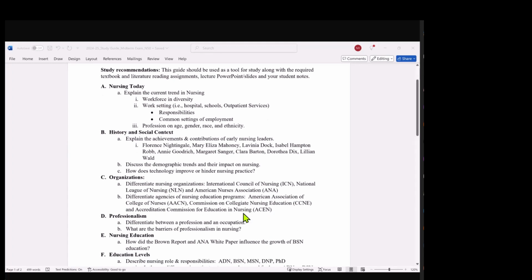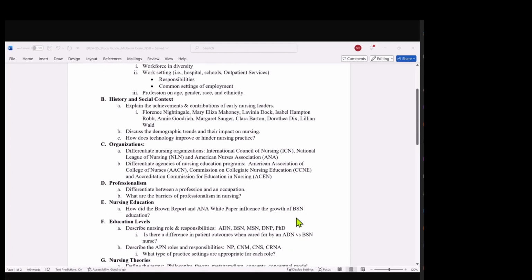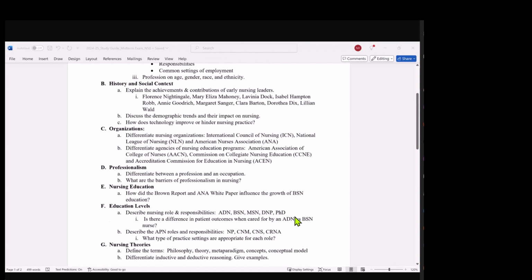So again, what is the difference between a profession and an occupation? I think in one of the slides there was a table with two columns. One was a profession, one was an occupation. Again, it lists for you what those differences can be. Okay. I just talked about the ANA paper. And so, look at what is the Brown report.